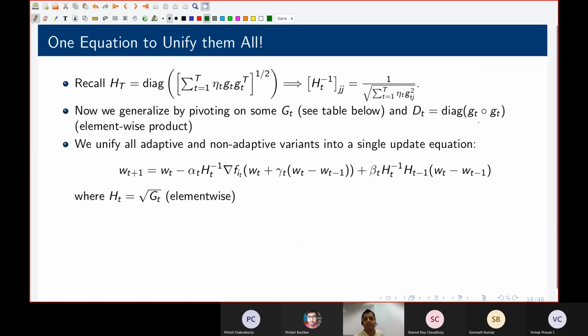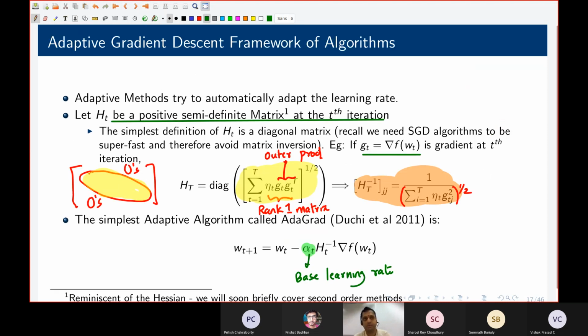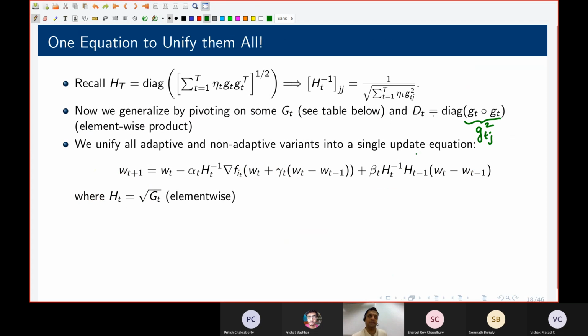This is the element wise product. So what we saw in the previous slide, this GTJ square. You could think of HT as having its diagonal elements derived from the DT.